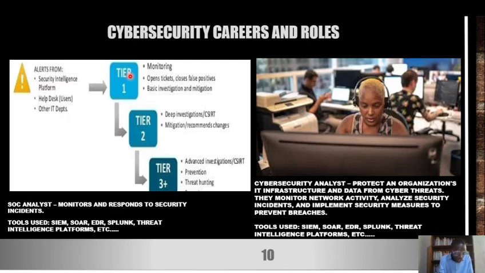The tier three analysts are the more advanced analysts here. They handle forensics and malware analysis, and they also do threat hunting. So that's that on the SOC analyst.